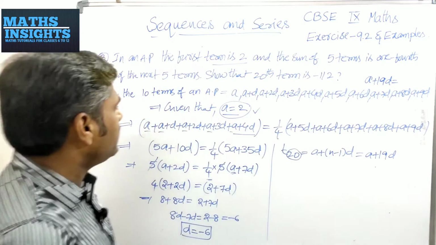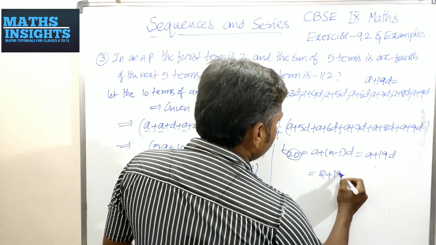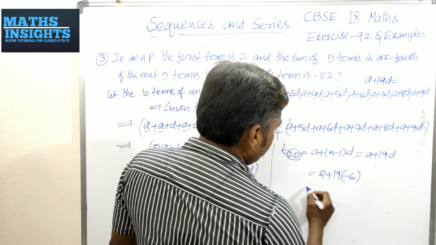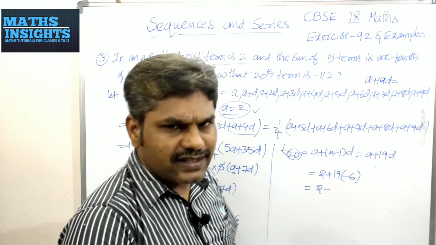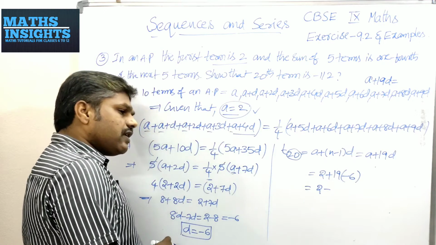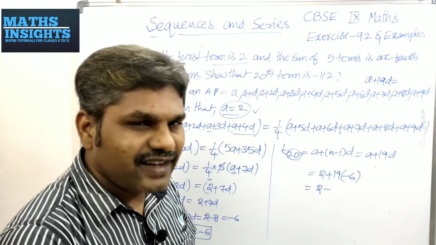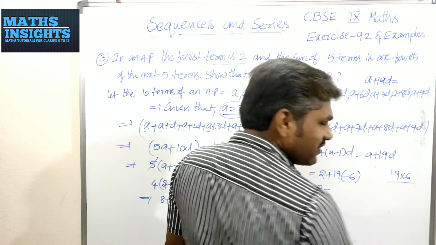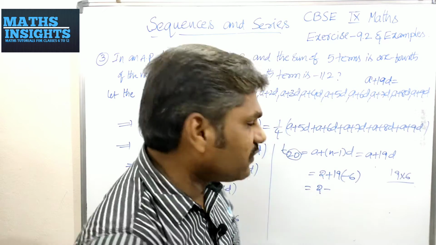You know a and d. What is a? That is equal to 2 plus 19 into d. d is minus 6. Right? So 2 minus, plus into minus, 19 6s are, okay, 19 5s are 95. Okay, if you don't know 19 into 6, it's very simple. 60 plus 9 6s are 54.